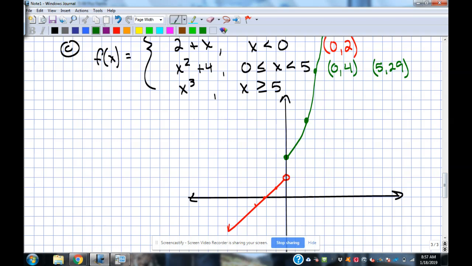Let's change that to negative x cubed. We can go the other direction. Again, we put an open circle on the 5, 29 because it didn't have an equal to mark. So here we're going to plug in positive 5. 5 cubed is 125, and it's negative, right?